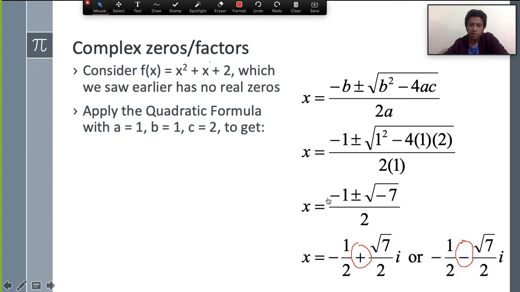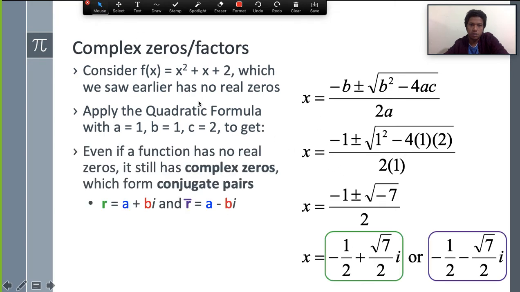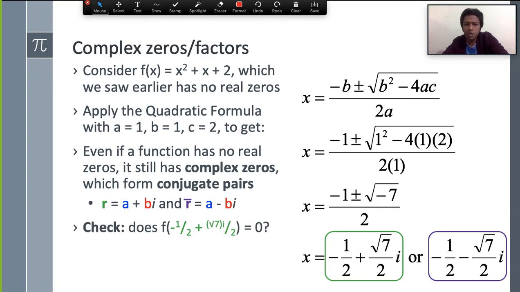In fact, always they will come in conjugate. And this is a checking.